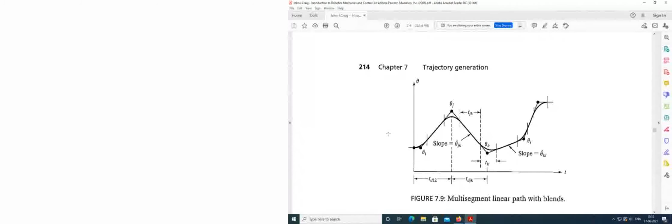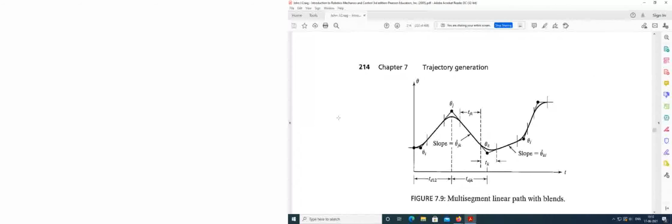That's one thing to keep in mind. And similarly, like in cubic polynomial, we have to come up with the constraints at each via point and at the end goal point, and then calculate the coefficients of all the segments.